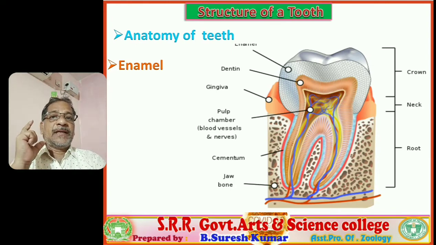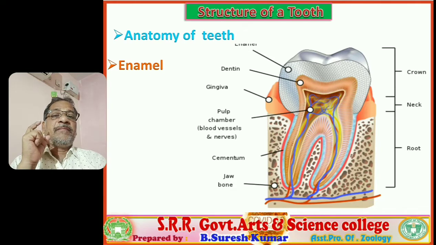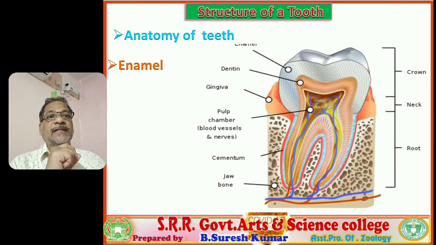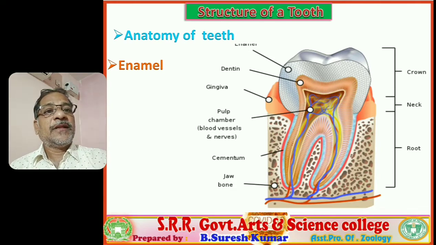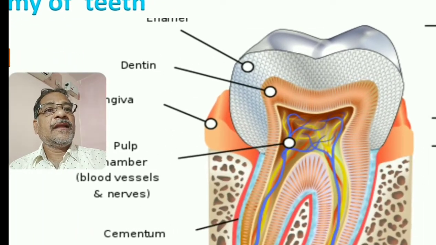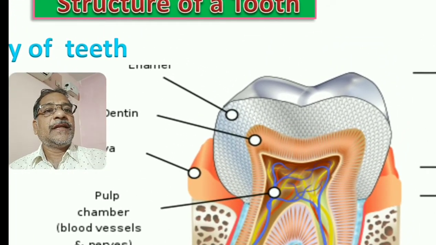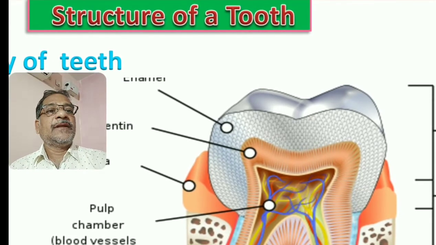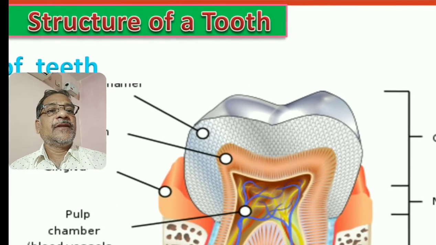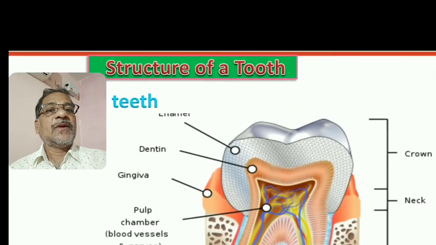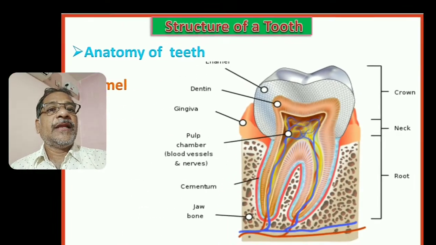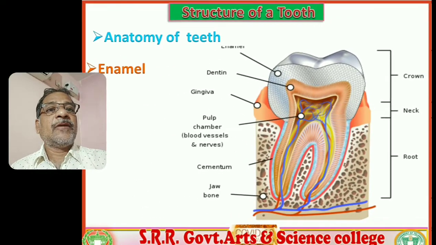That white colored layer is made up of enamel substance. In this visual, the white colored layer is clearly present. So this layer is called the enamel layer.